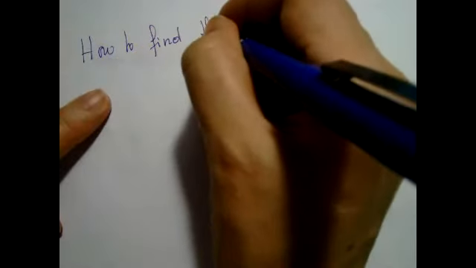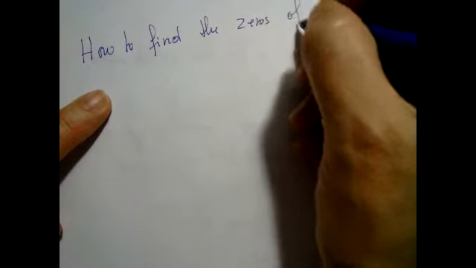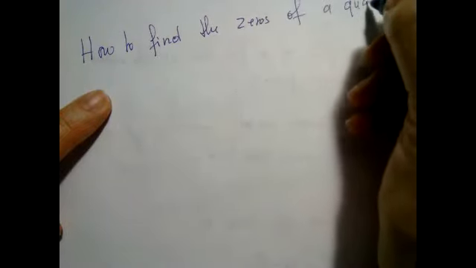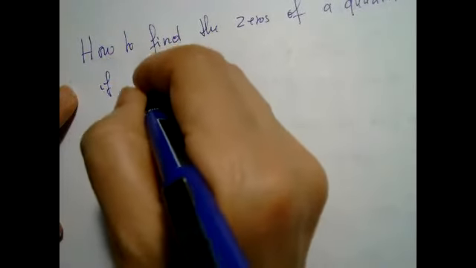So part 3 is, how to find the zeros of a quadratic function if we don't know how to factor, if we can't factor.